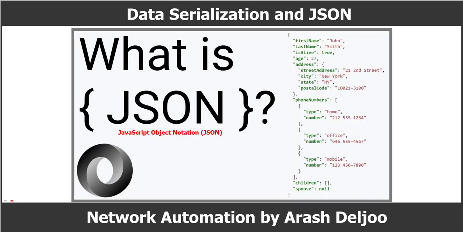Alright, now let me explain data serialization and JSON. In your journey to become a modern network engineer with network automation skills, you will learn to understand several data serialization languages. Each data serialization language provides methods of using text to describe variables with the goal of being able to send that text over a network or to store that text in a file.